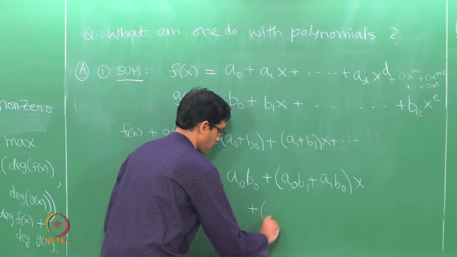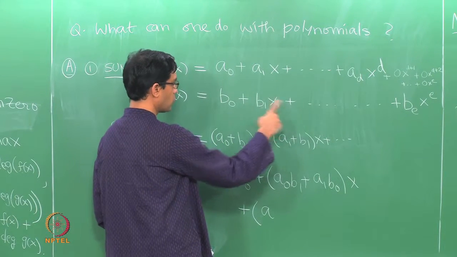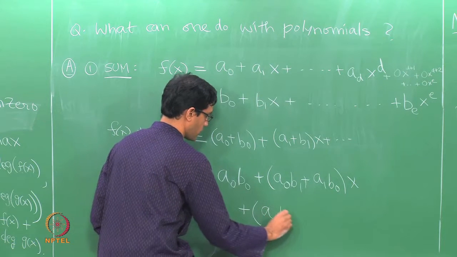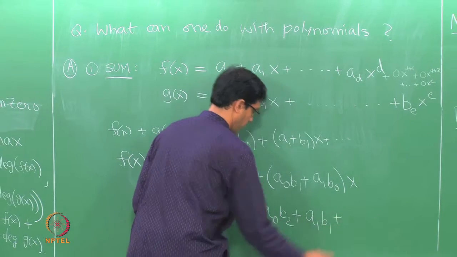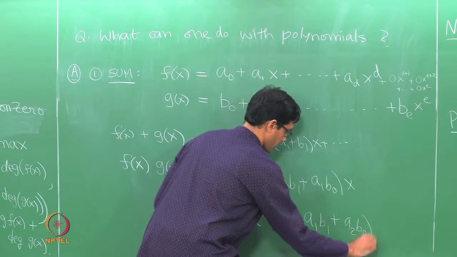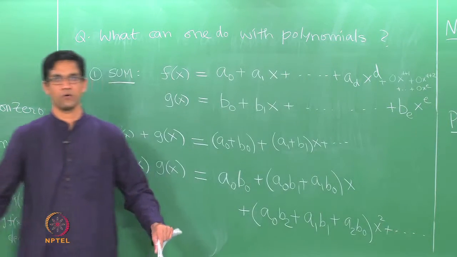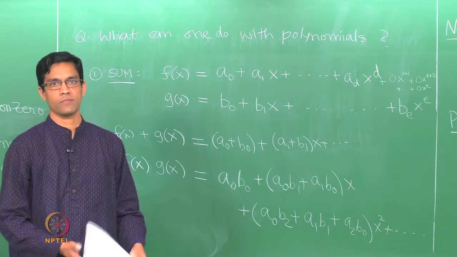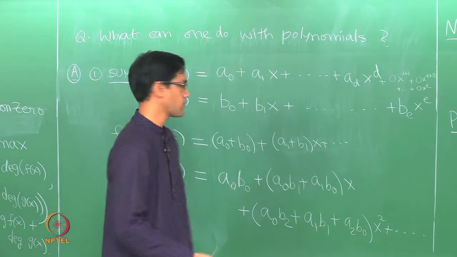Then to get a coefficient of x squared, you will have a0 b2 x squared, a1 b1 will give you an x squared and a2 b0 also gives you an x squared, and you keep going, you multiply the whole thing out completely and whatever you get is called the product of the polynomials. So these are both just the obvious operations on polynomials.